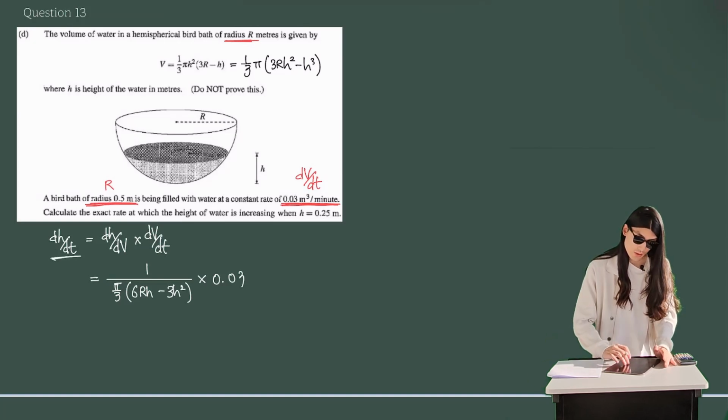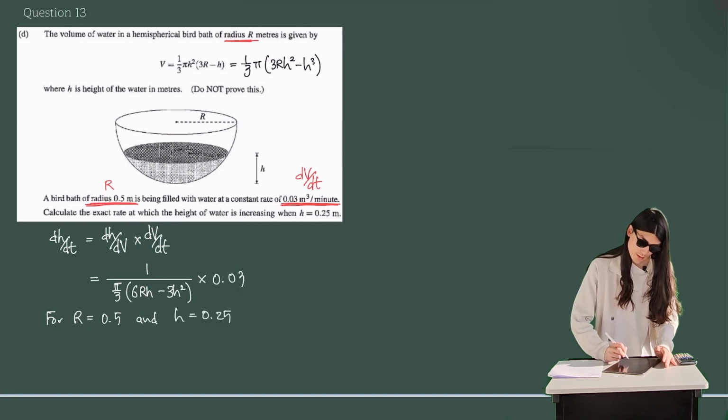Okay, and the question wants you guys to find what this rate's equal to for a bath of radius r 0.5 and h equal to, at the instant, that is, I should say, when h is equal to 0.25. So you sub in those numbers.